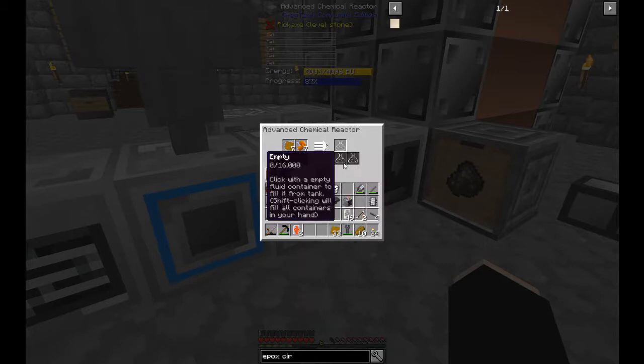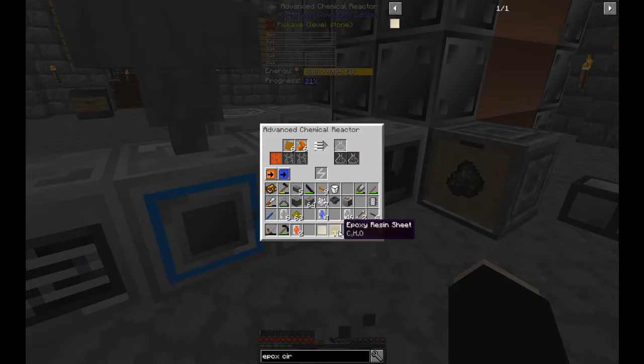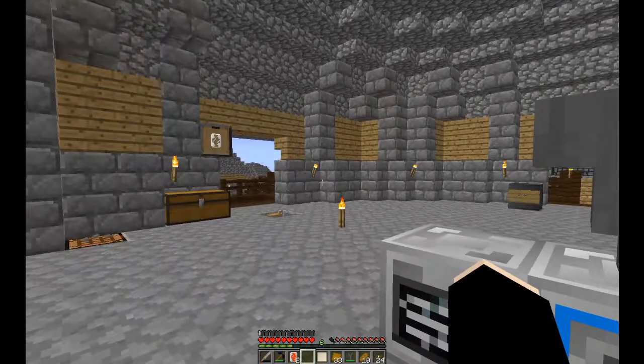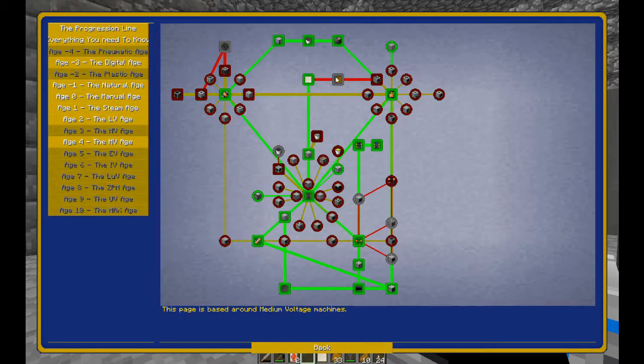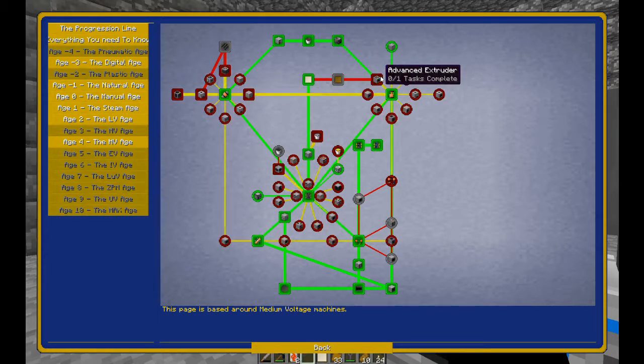It's always been fluids here and items there, even as an item pushing. Epoxy circuit board. Too fast. And then, oh, that's it actually. But that does open up the fiber reinforced epoxy and towards the advanced extruder, or does it require? It requires advanced extruder, okay.